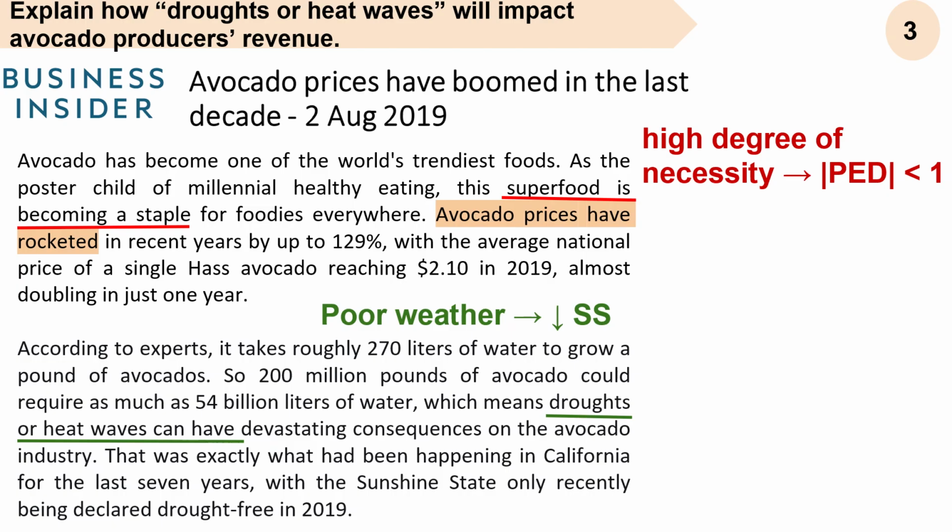And then when there's an increase in cost of production, what happens? Hayden, what happens when there's an increase in cost of production? For the producers, how does it affect them?